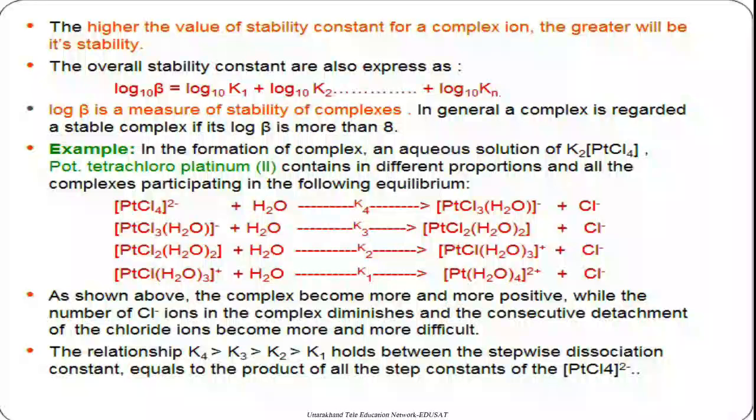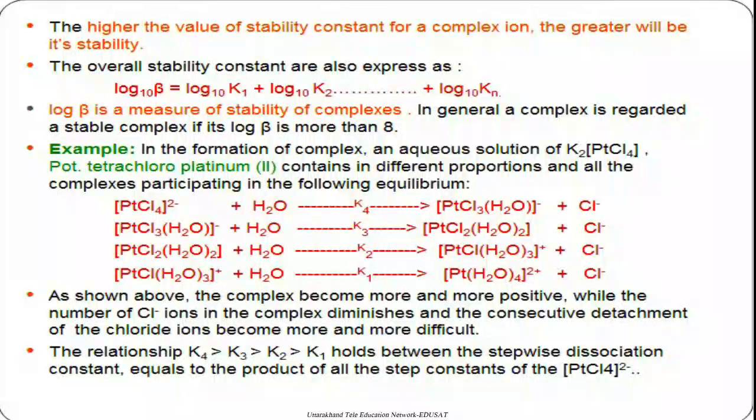You see here PtCl3 H2O, and one chloride atom is replaced from this complex. Here the charge is 2 negative, here the charge is 1 negative, meaning this PtCl4 is more negative than this one.